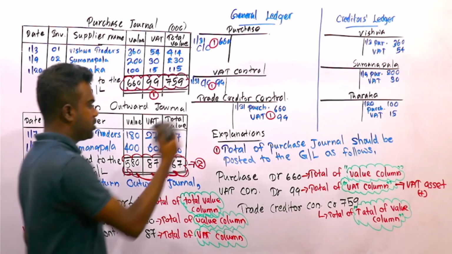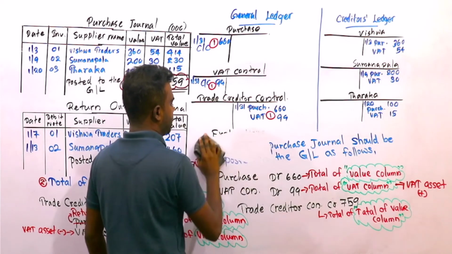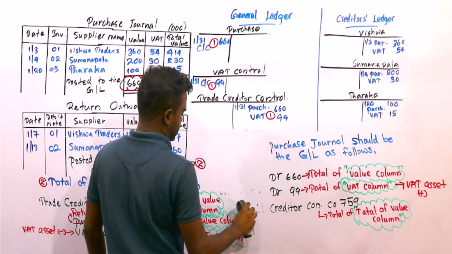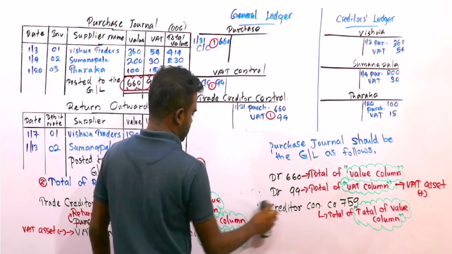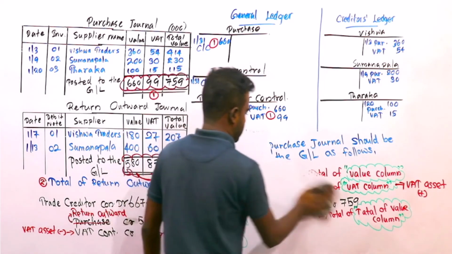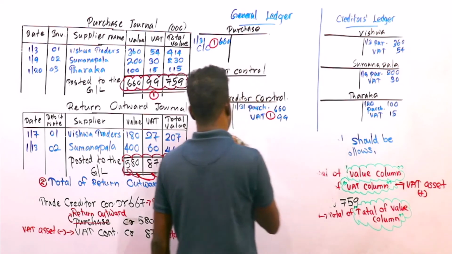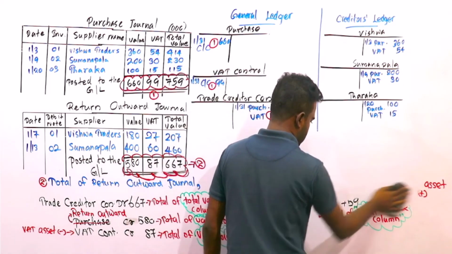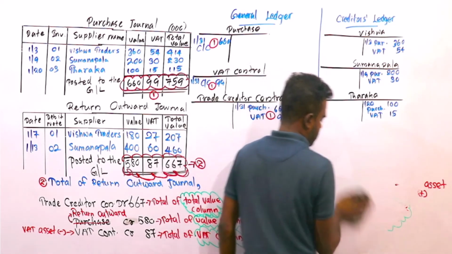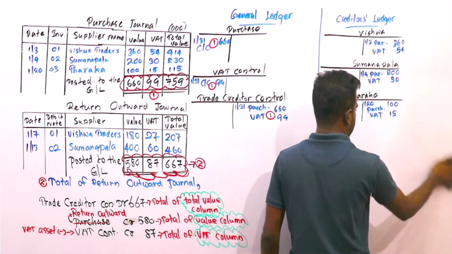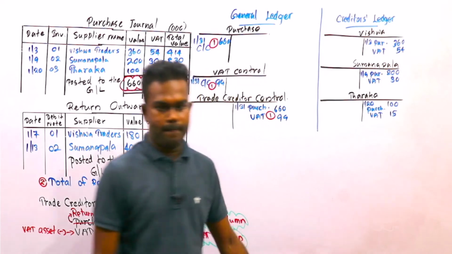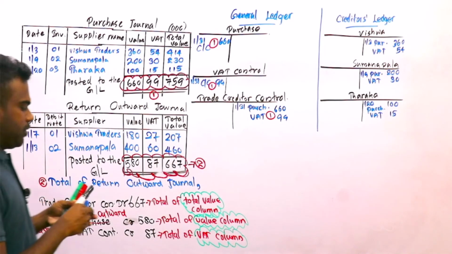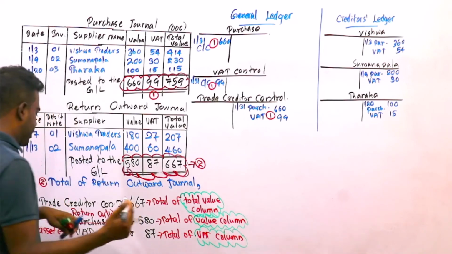Okay, now posted to the general ledger. I will erase this one. Right, we have to get return outward account.